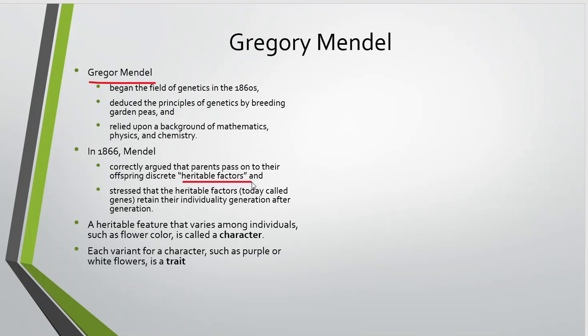He hypothesized that there are things that can be inherited from our parents, and what he called heritable factors we're calling genes today, and that these genes are passed on generation after generation. Something he was looking at was the color of the flowers, some red, some white. And he called that a character, and of course we would call that today a trait.